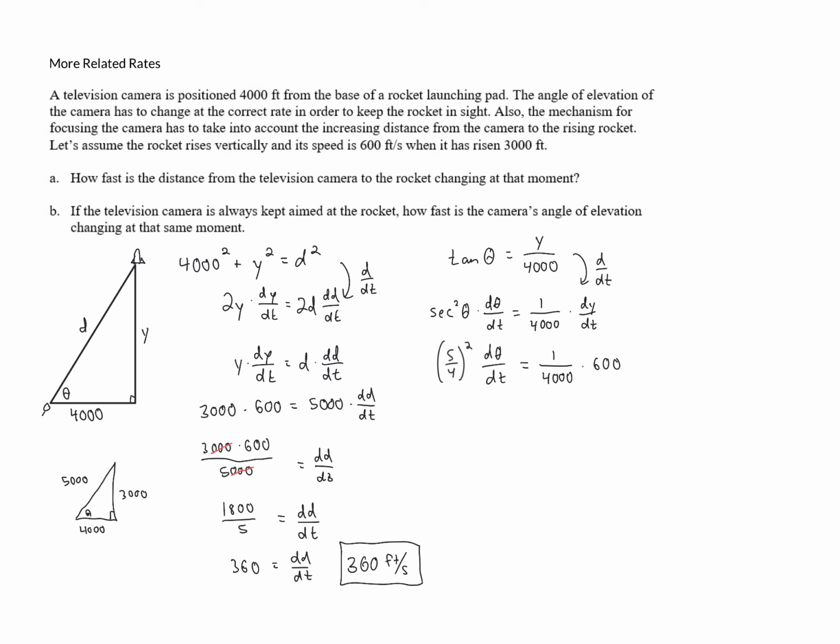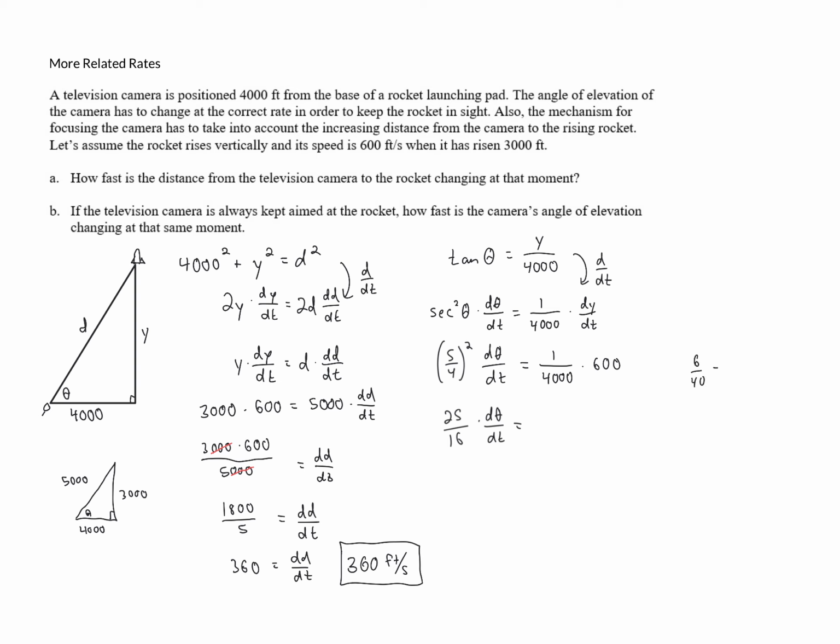5/4 squared on the left-hand side. Now, 5/4 squared is 25/16 times d theta over dt equals, this is the same on the right as 600 over 4,000. We can divide those both by 100 pretty easily, and that gives us, what, 6 over 40? But we can reduce that even more.